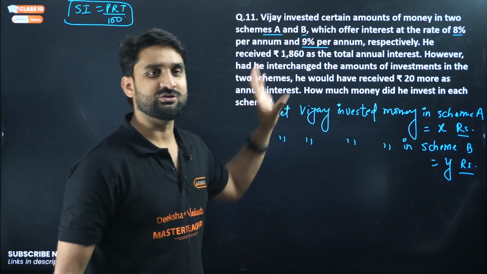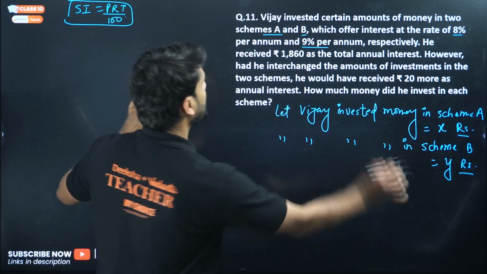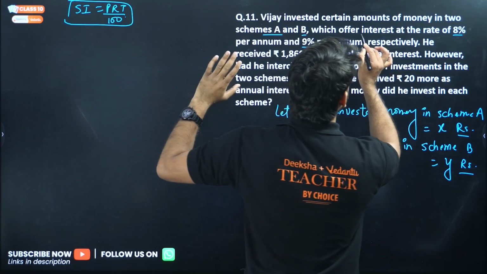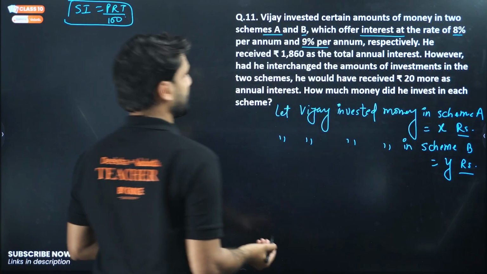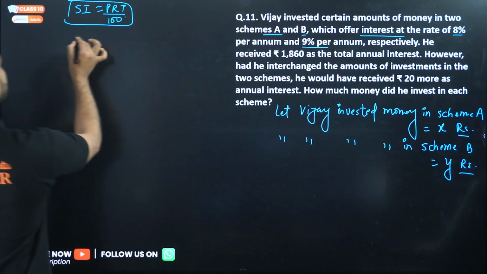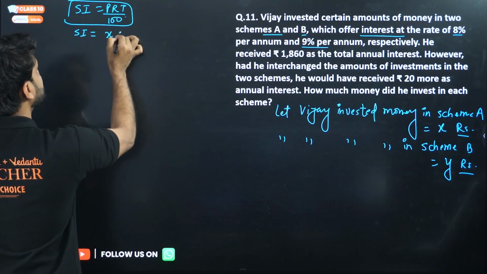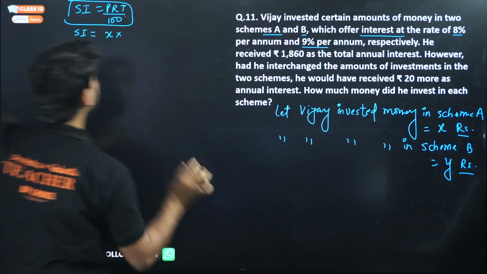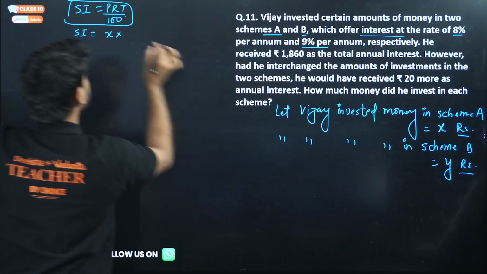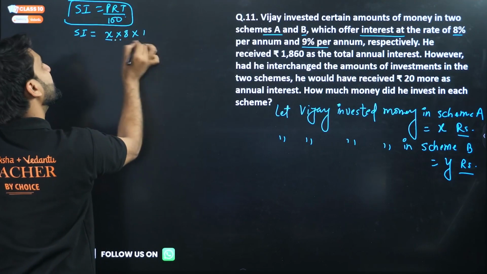Now read the equations very calmly. Look, which offer interest at the rate of 8% per annum. So you know interest, the formula of interest is this. Principal, I don't know the principal. We can write X. We have invested X rupees now, and the rate of interest is 8, and the time is 1 divided by 100.